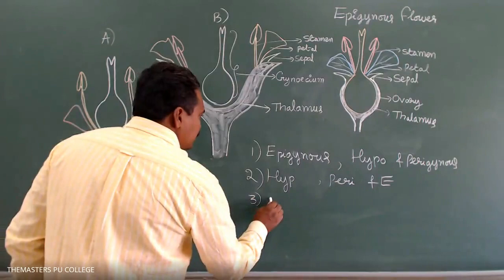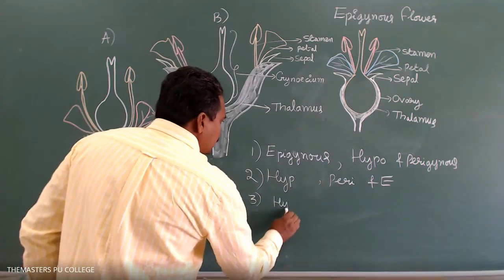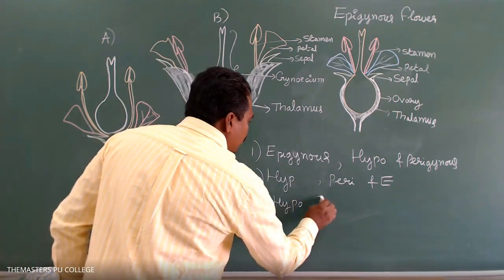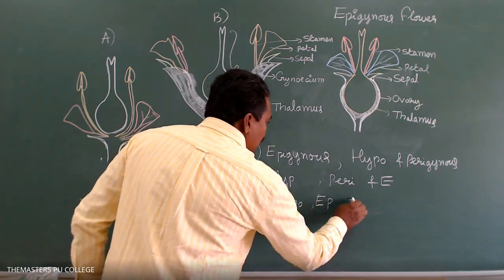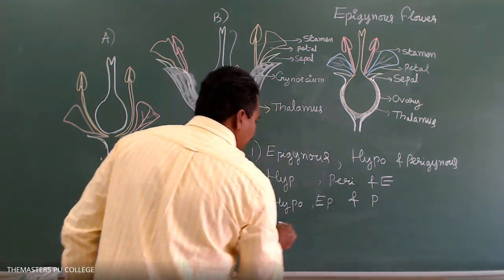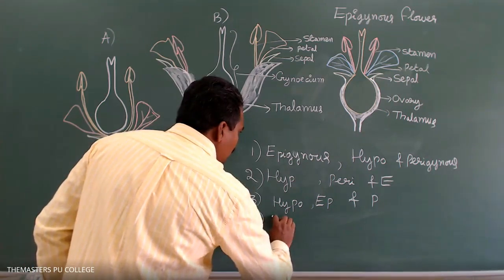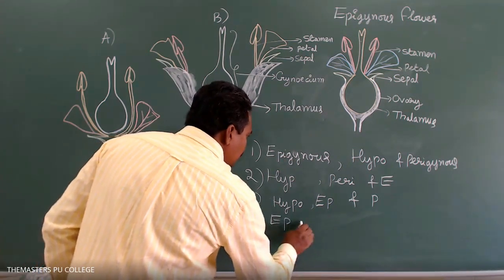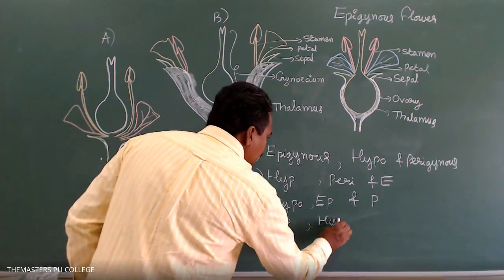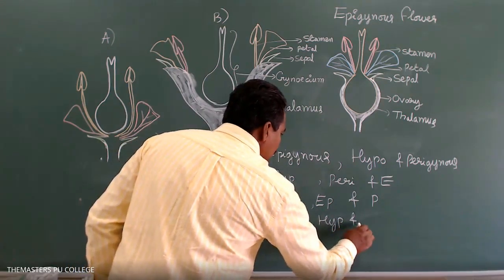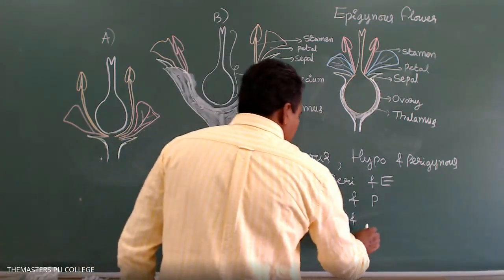Option 3 is hypogynous, epigynous, and perigynous flowers. Option 4 is epigynous, hypogynous, and perigynous flowers.